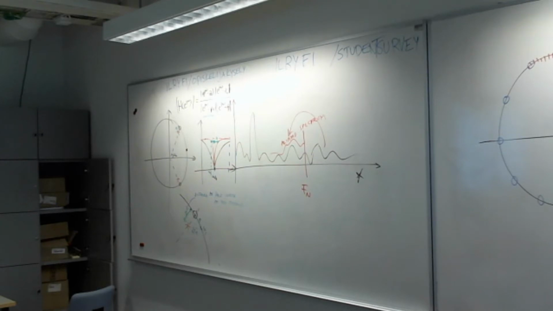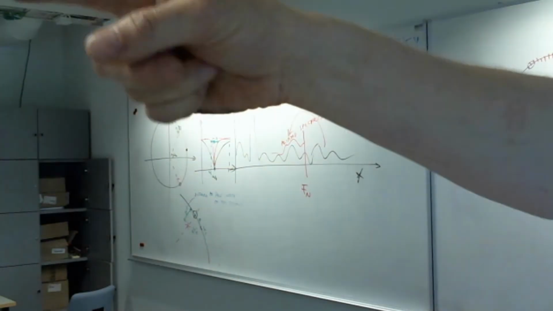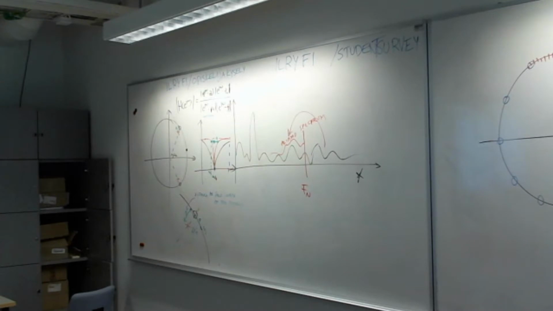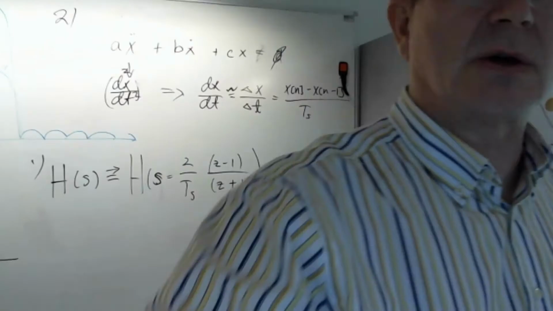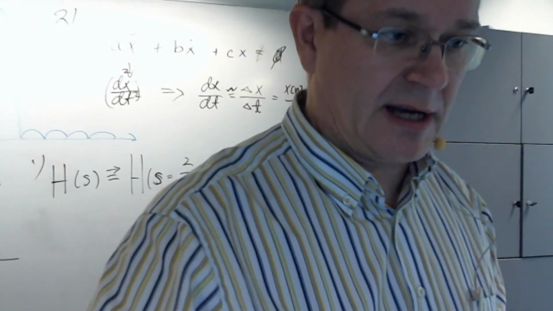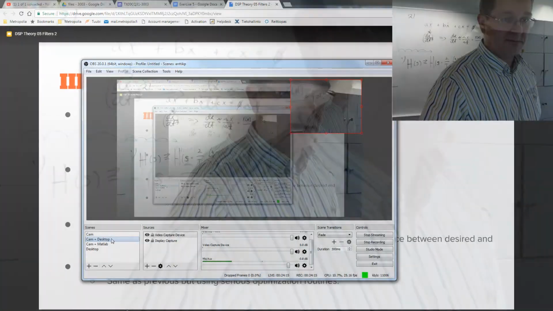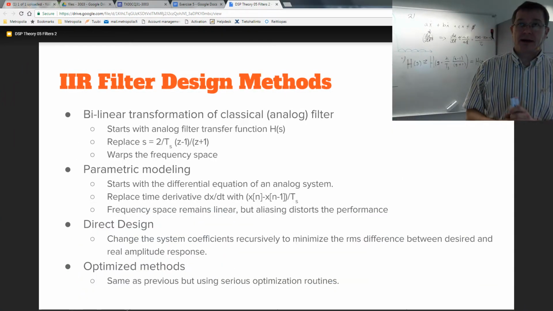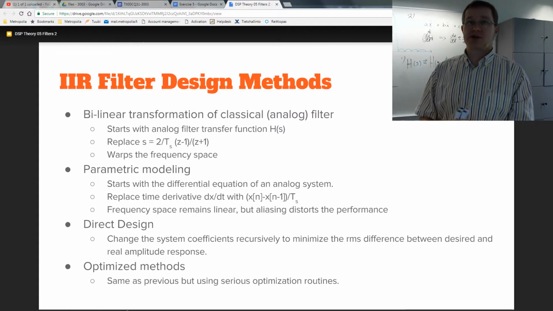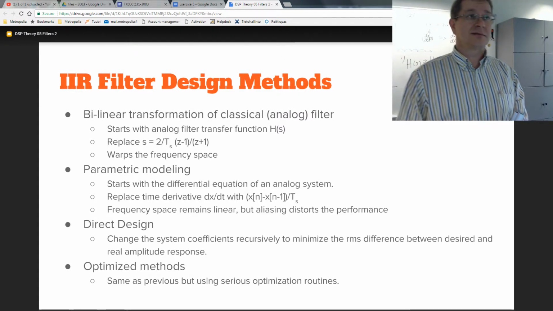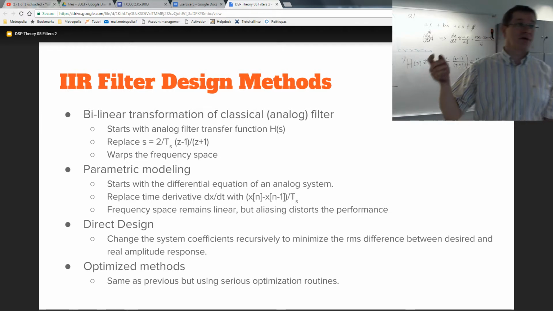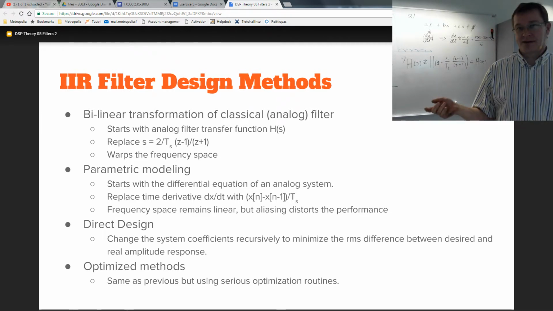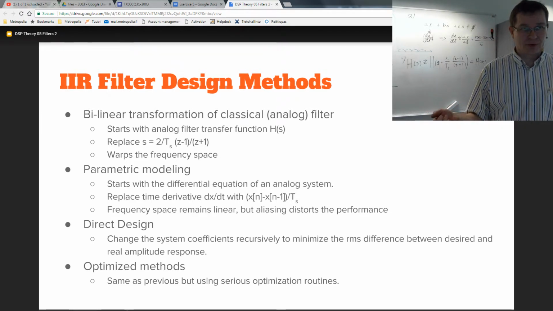But then also this fourth method, optimized methods. Now we are talking about something that someone has already done for us. There is plenty of research done on this field because there's a big need for IIR filter design, meaning that there are already tools to do optimized filters.